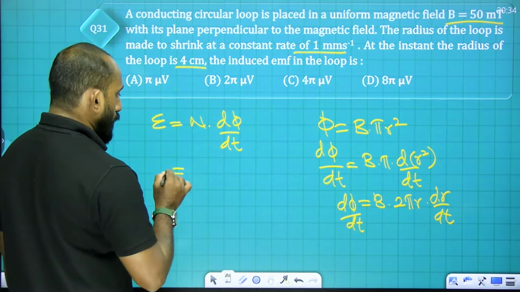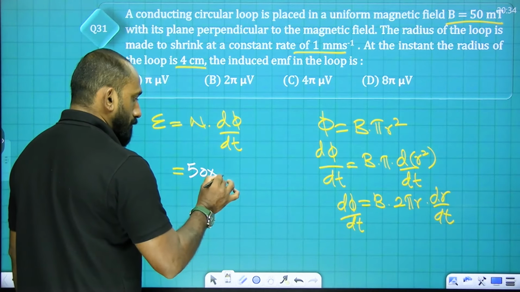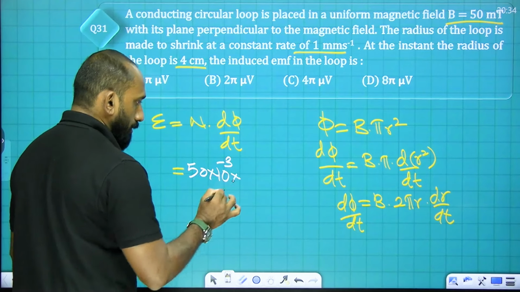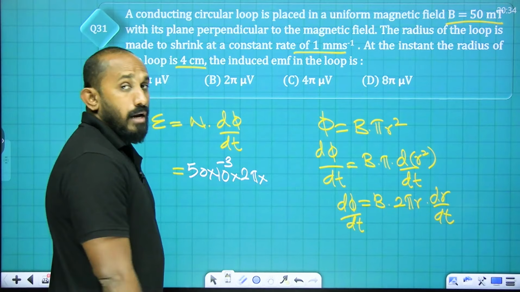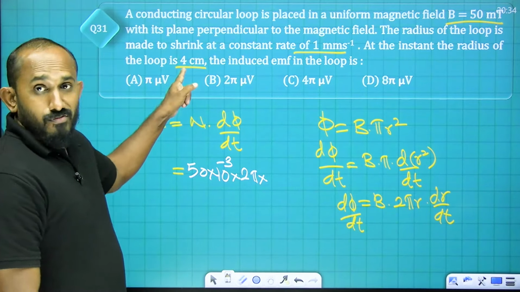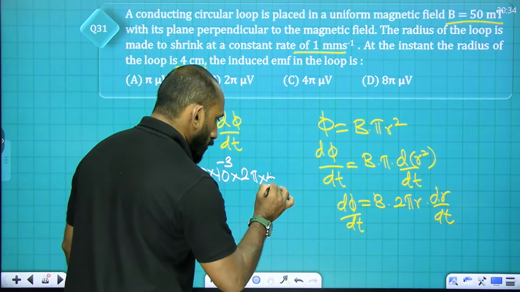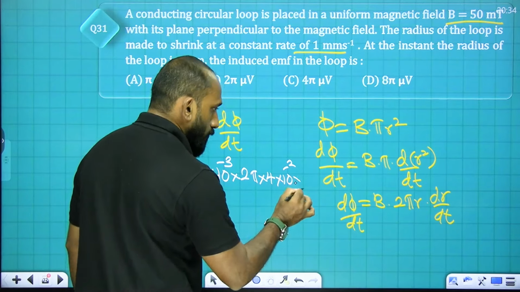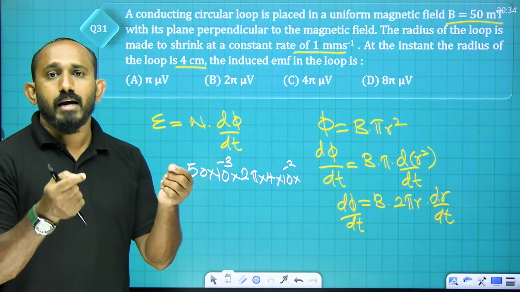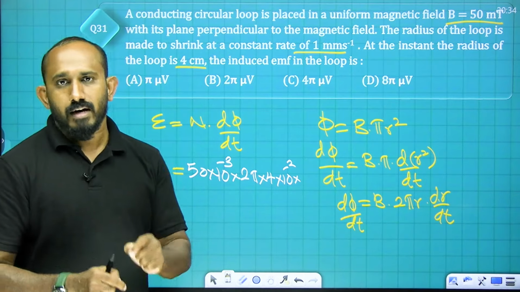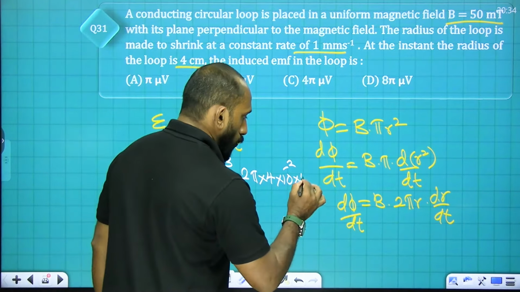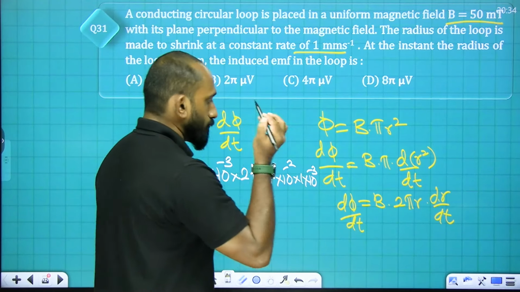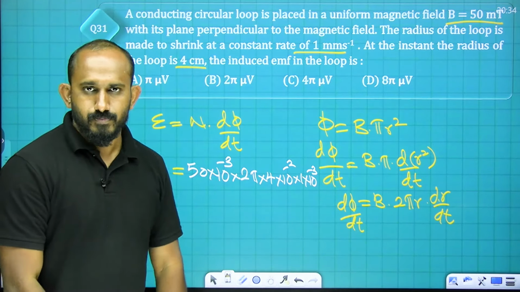B is 50 millitesla, so 50 × 10^-3 times 2πr. The radius is 4 centimeter, so 4 × 10^-2, into dr/dt. The rate of change of radius is given as 1 millimeter per second, so 1 × 10^-3, converted to meter.